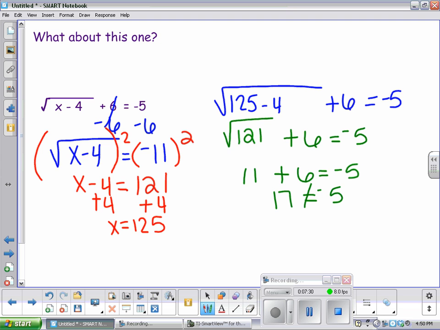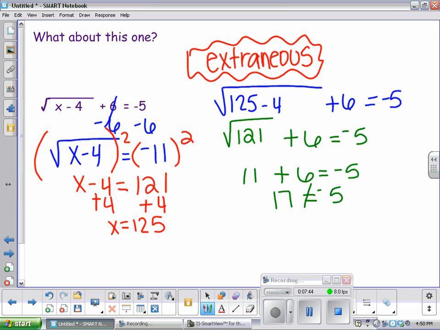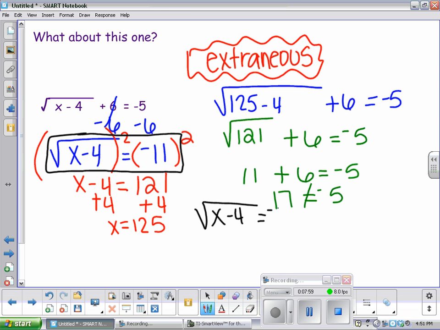Anytime this happens, it's called an extraneous solution. We saw it last week with the rational equation. It's extraneous if it doesn't work. But here's a place that you could have seen it was going to be extraneous without even solving. Back at this step, we had that the square root of something was going to be a negative number.